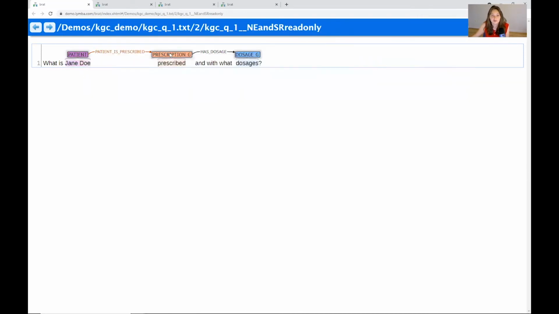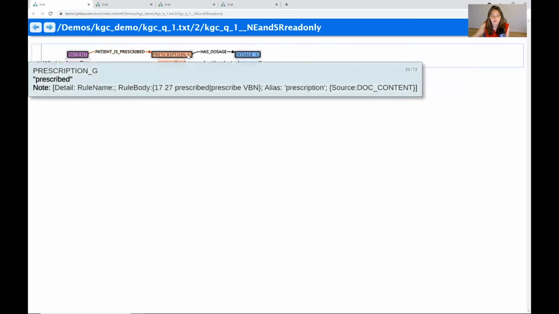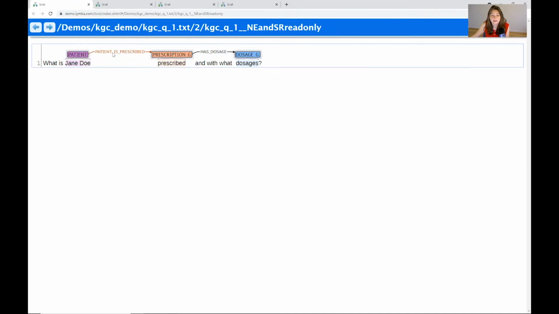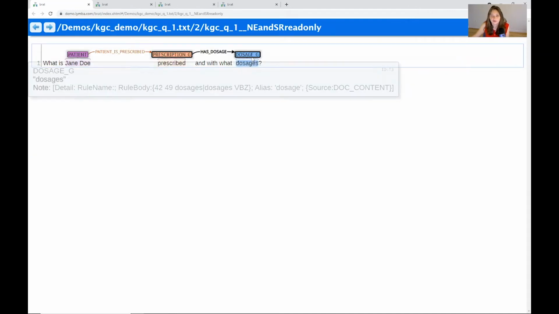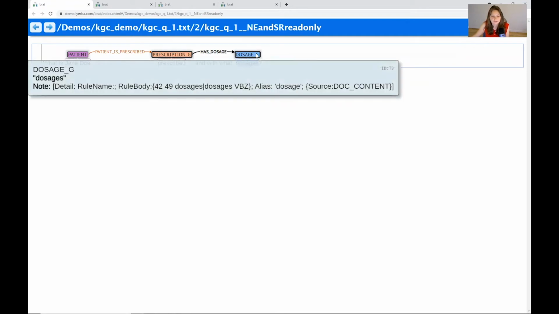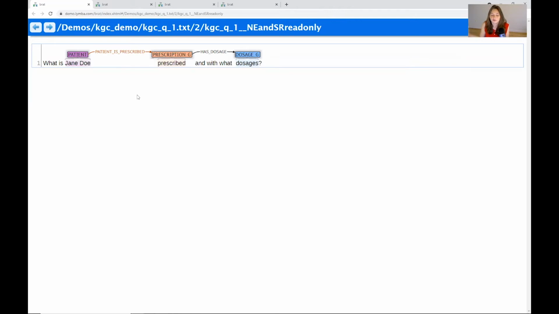The patient is prescribed that prescription. So we have prescription as a class, and then we have instances of the class. And we have dosage, which is another class. The _G denotes that it is the class. So again, all of these rules are coming into play again, as well as the ontology.